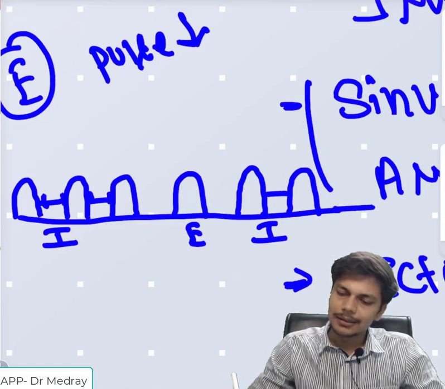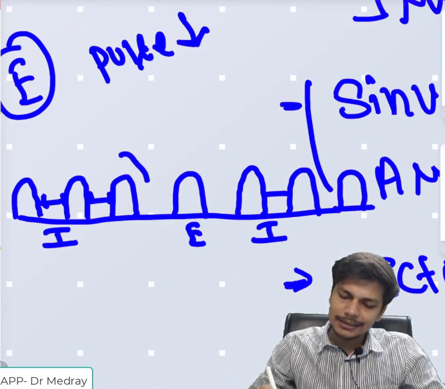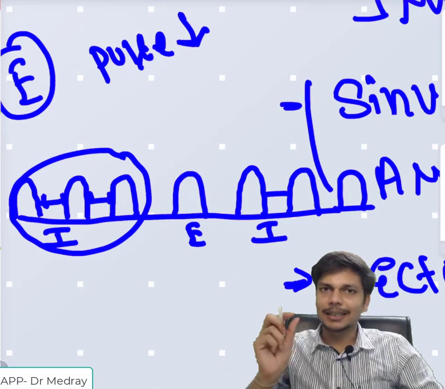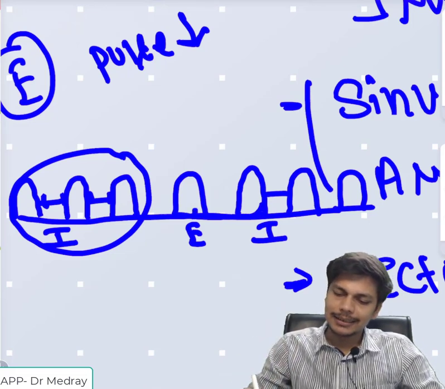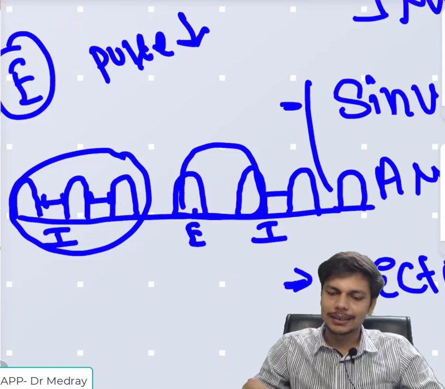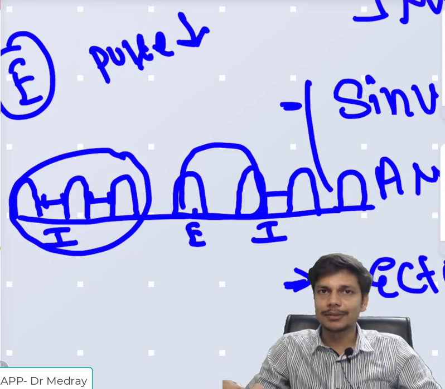So here you can see that during inspiration there was a fixed spacing. During expiration, the patient is having a little more spacing. So these two spacings are not matching, which definitely means that the rhythm is irregular.